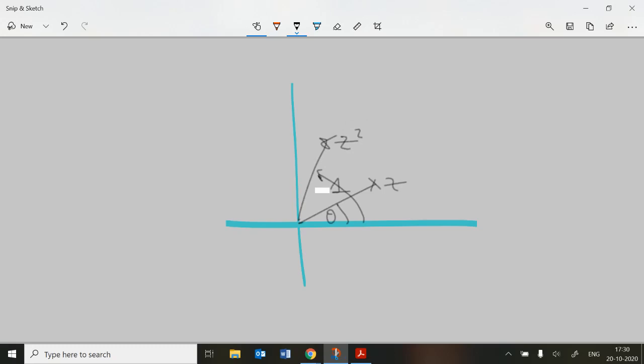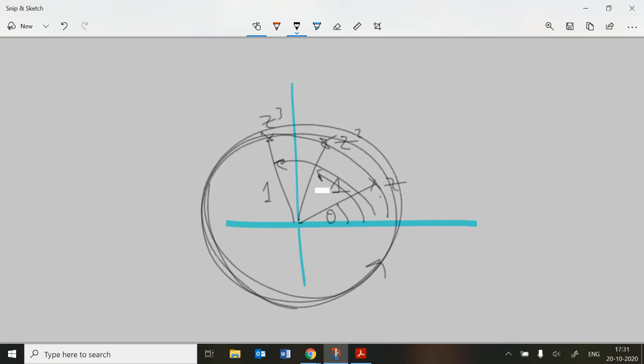Then we do that again, and we're going to have 3 theta as our term there, still with a length of 1, and this would be z cubed. So you can see that when you've just got a length of 1 and you multiply complex numbers together, they just move around in a circle, the unit circle in fact, where we have a radius of 1. So they'll be somewhere on that circle here.